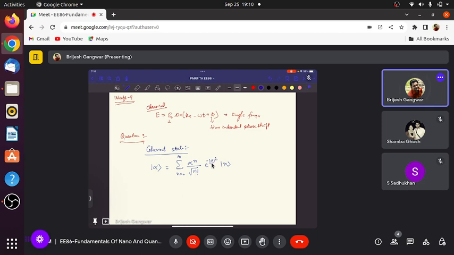Here n is a distinct feature of the coherent state. If we project this coherent state onto the Fock state, so what is the Fock state?